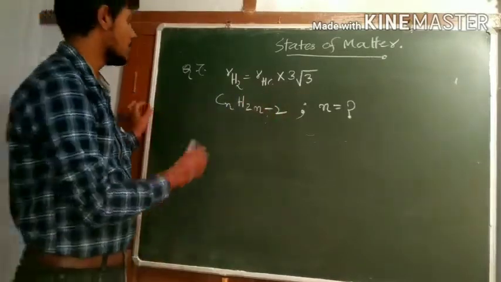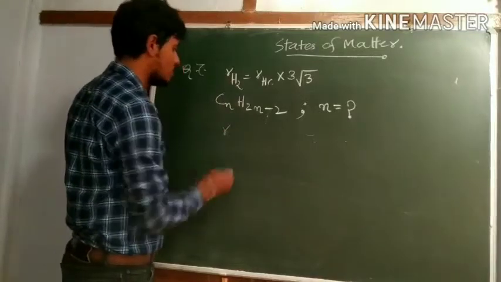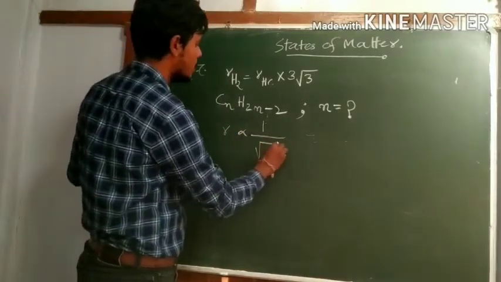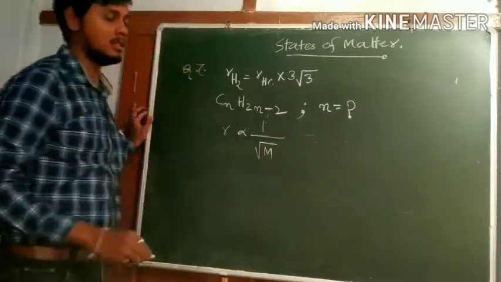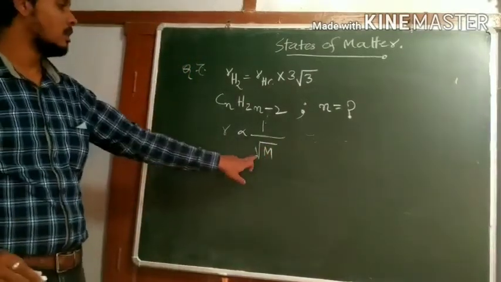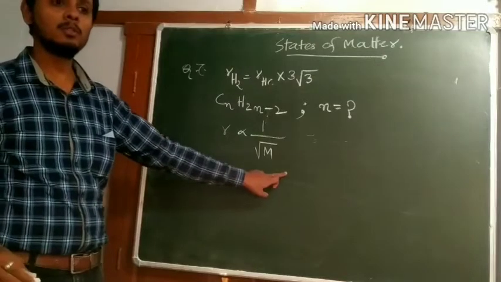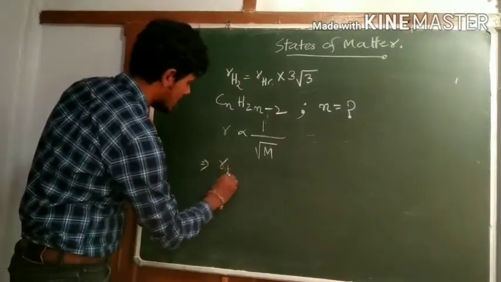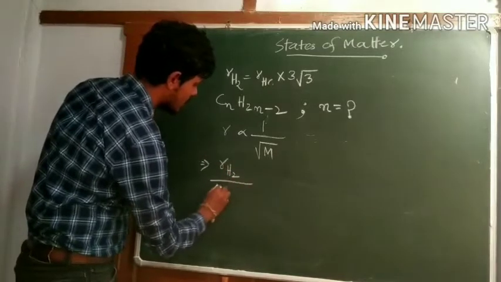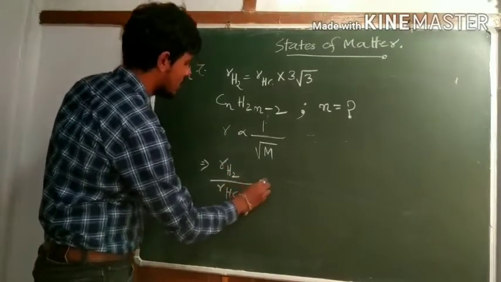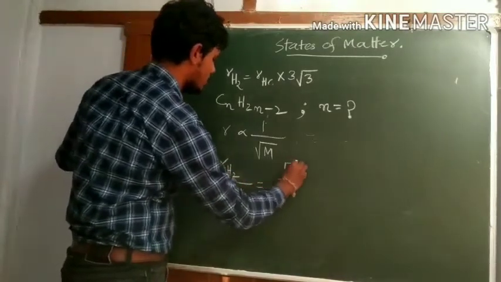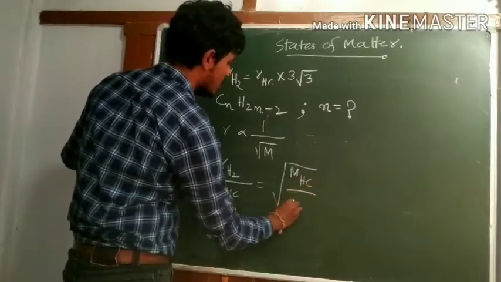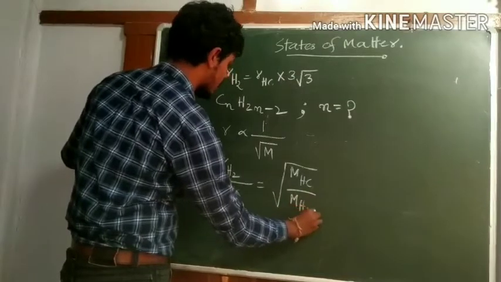From Graham's law of diffusion, the rate of diffusion is inversely proportional to the square root of the molecular mass. That means rate of diffusion of hydrogen by rate of diffusion of hydrocarbon equals square root of molecular weight of hydrocarbon by molecular weight of hydrogen.